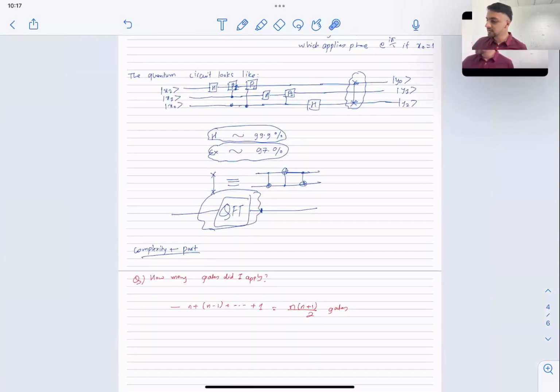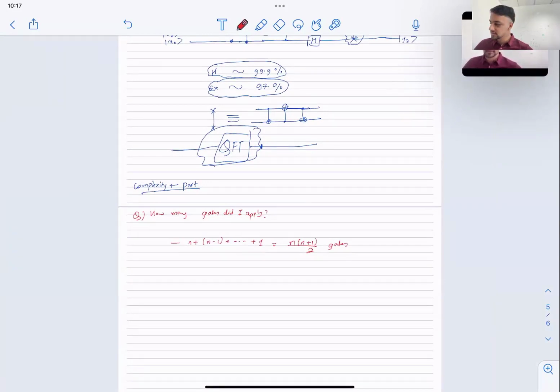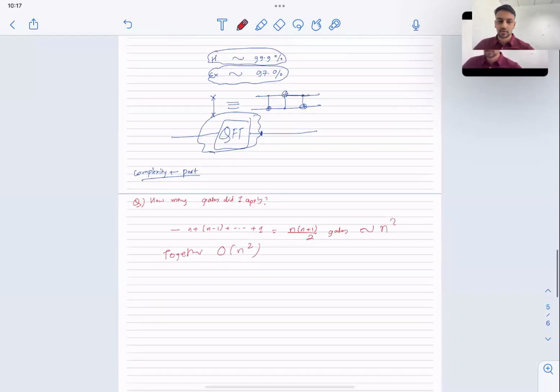Feel free to look back yourself and understand why I needed this many gates. But because we're out of time, the punchline is, together I needed order of n squared, because this is roughly n squared, right? So order of n squared gates for QFT, okay?